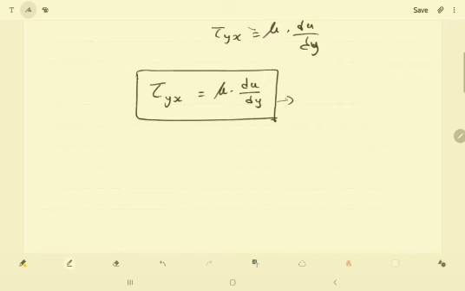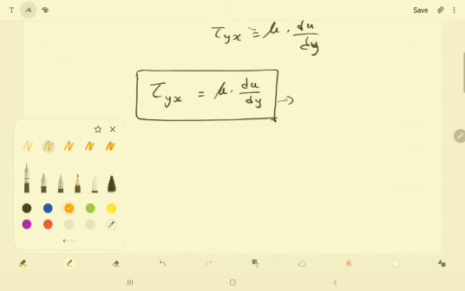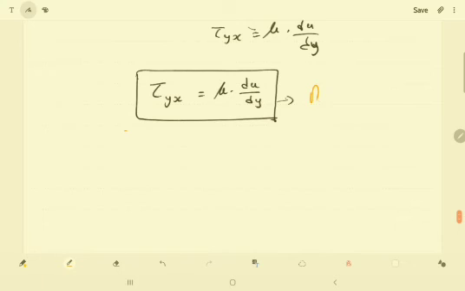This is known as Newton's law of viscosity.